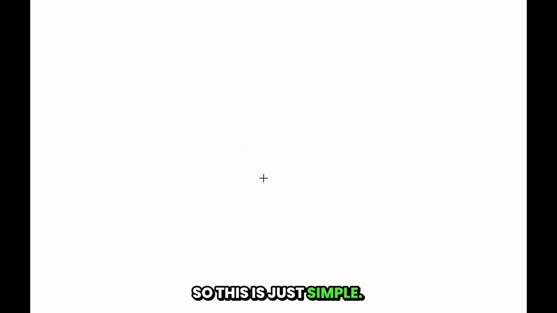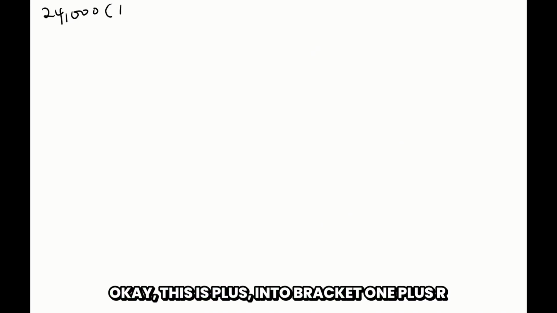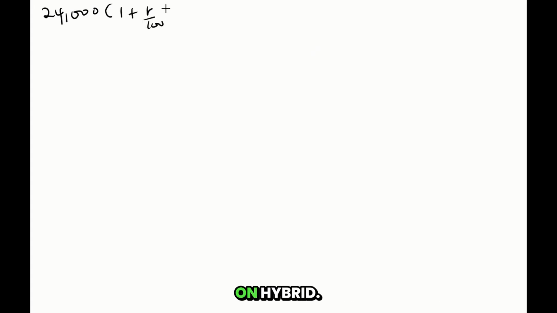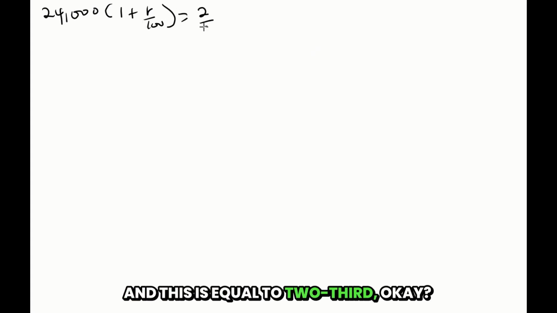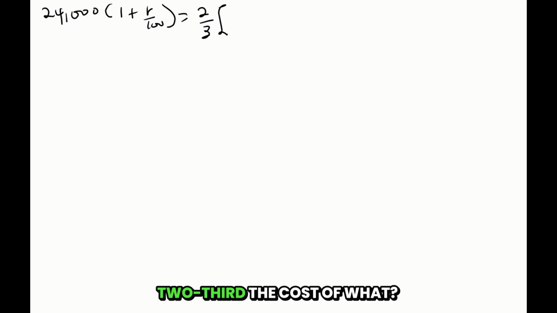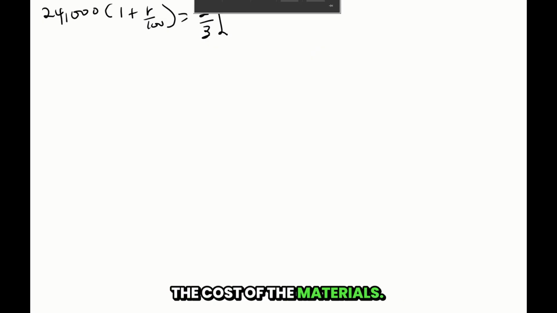So this is just simple. 24,000 into bracket 1 plus R over 100. And this is equal to 2/3 the cost of the material.